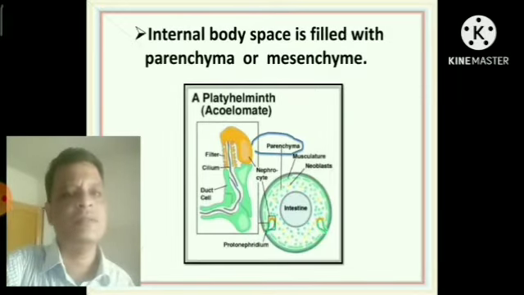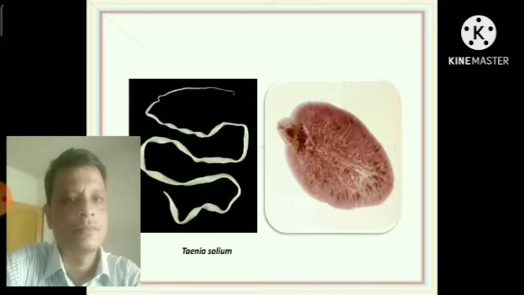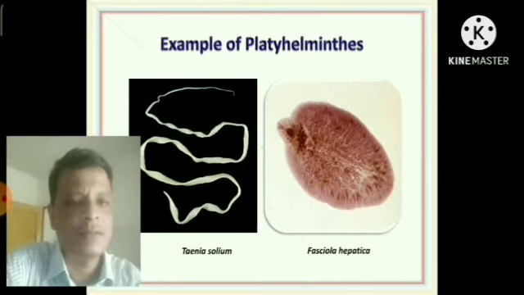The internal body is filled with mesenchyme or parenchyma. Now, the examples of the Platyhelminthes: Taenia solium and Fasciola hepatica.